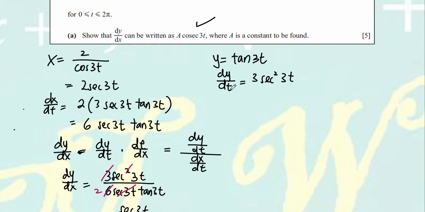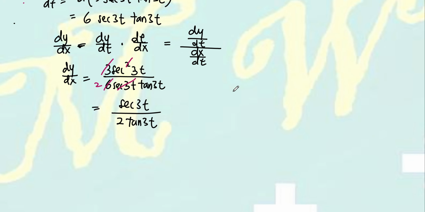But when you look at the question here, we need cosec. Cosec is 1 over sine. So better change all into sine and cos. At first the 1 over 2, I will factorize, becomes half. The secant is 1 over cos. Then this over tangent 3t is basically cotangent, same as 1 over tangent 3t, so it becomes cos 3t over sine 3t.